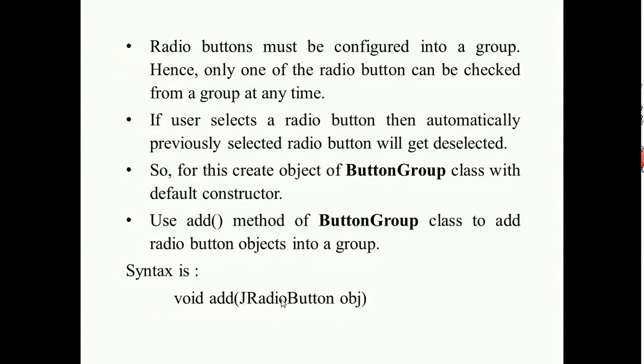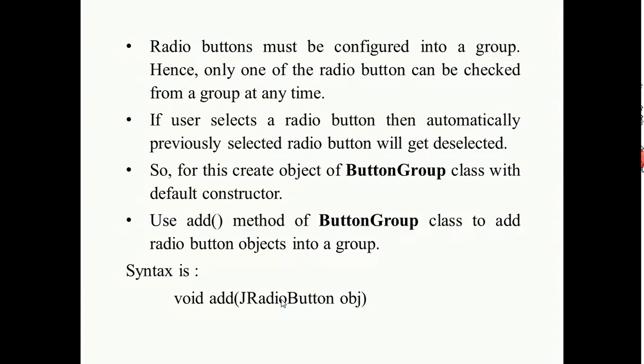The radio buttons must be configured into a group. Hence, only one of the radio buttons can be checked from the group at any time. If users select a radio button, then the previously selected radio button is automatically deselected.